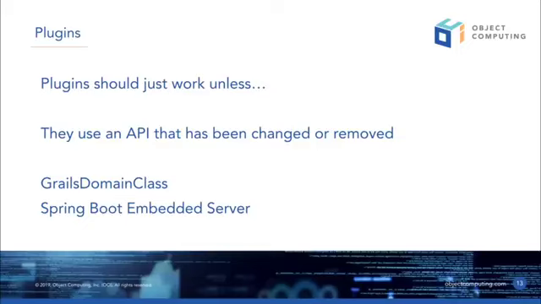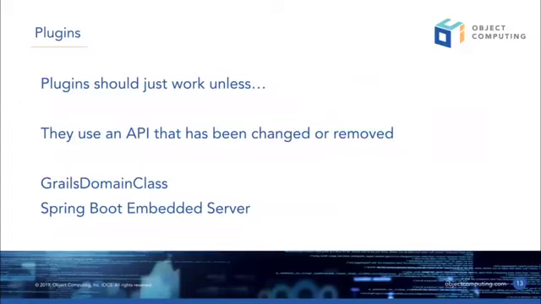I think a couple of the more common cases will be the Grails domain class API, and also the Spring Boot embedded server API. Previously, Grails had its own notion of your domain classes, where it mapped all the different properties and associations as part of the Grails domain class API. And then GORM was doing the same work, right?